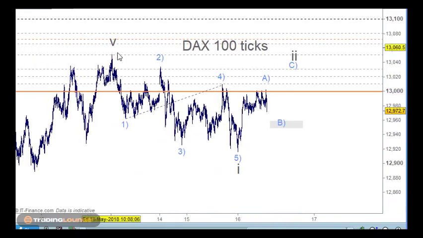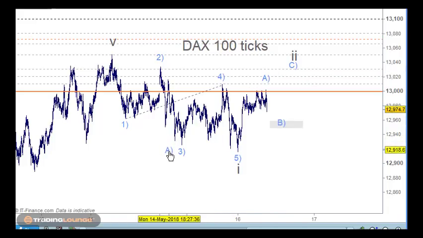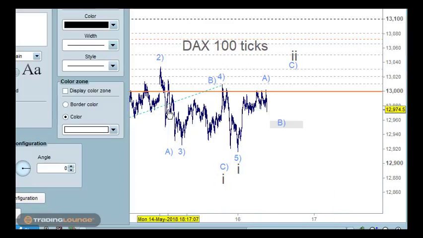This can be a corrective pullback as well here, so it could count here as, if I can copy that, an A wave to here, B wave to here, and a C wave to here as a wave 4 here. That would be the upside things we'll talk about before.